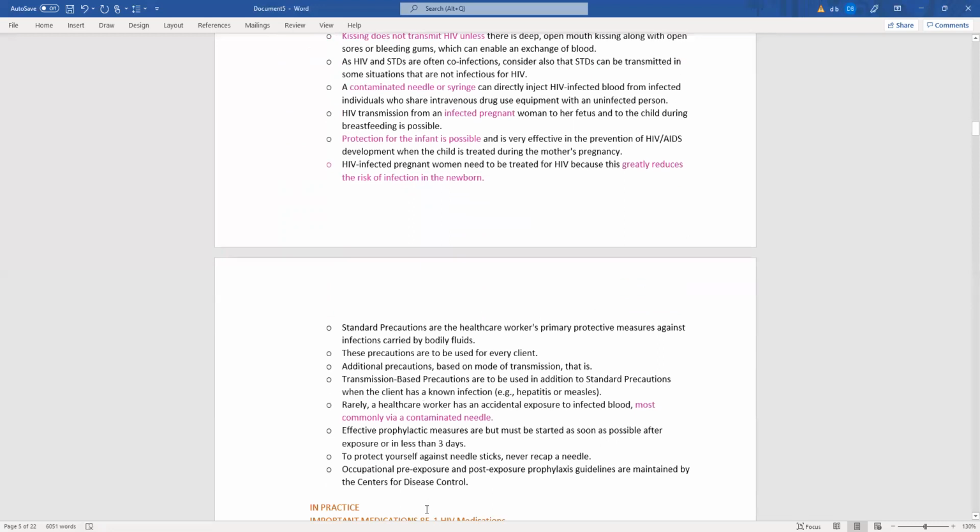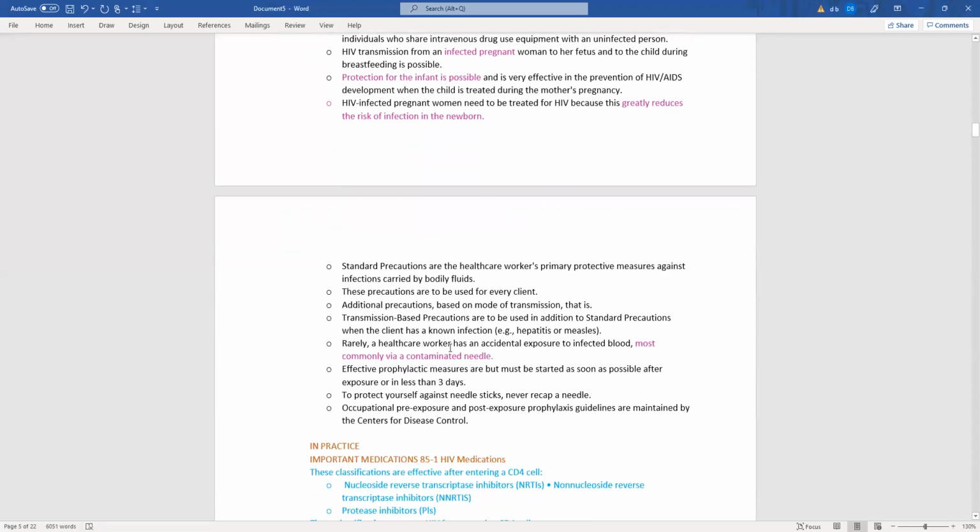Come on down. Here we go. Effective prophylactic measures are available, but must be started as soon as possible after exposure or in less than 3 days. To protect yourself against needle sticks, never recap a needle. Just throw the needle away.